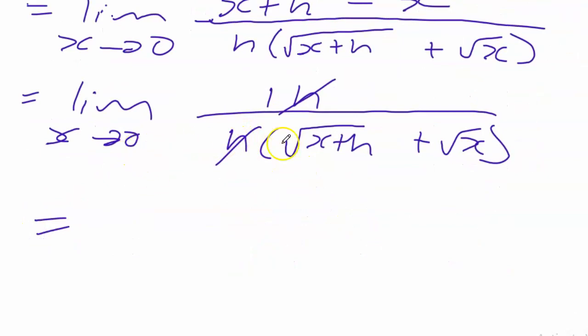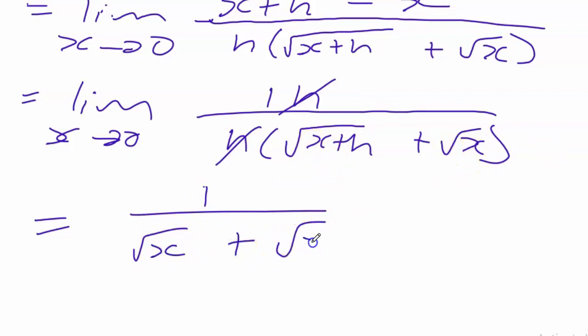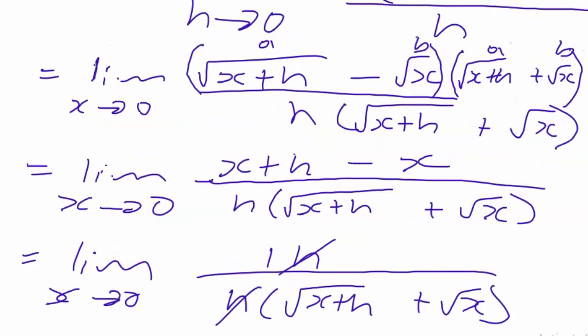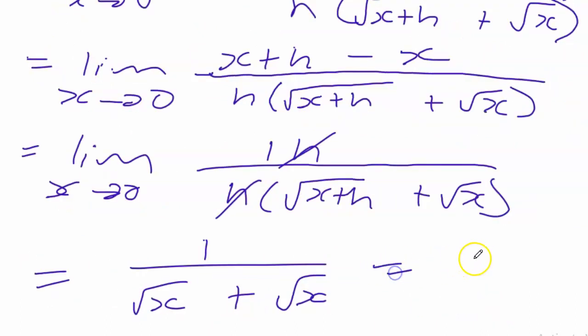And we can substitute 0 for h now, so we end up with 1 over root x plus root x. And this becomes 1 over 2 root x, since root x plus root x is 2 root x. That's the end of the paper.